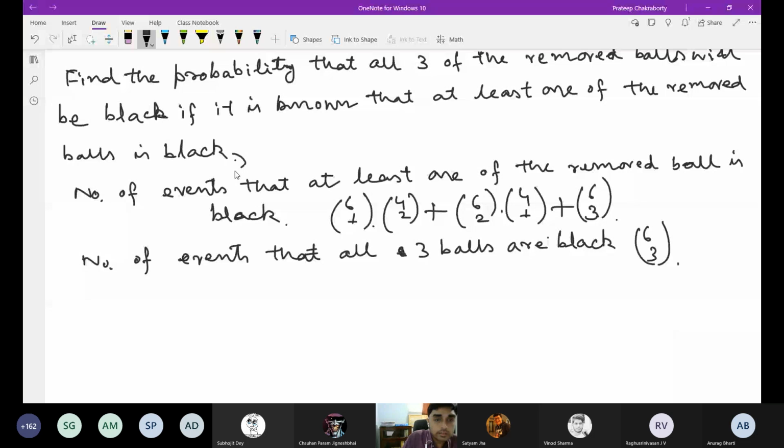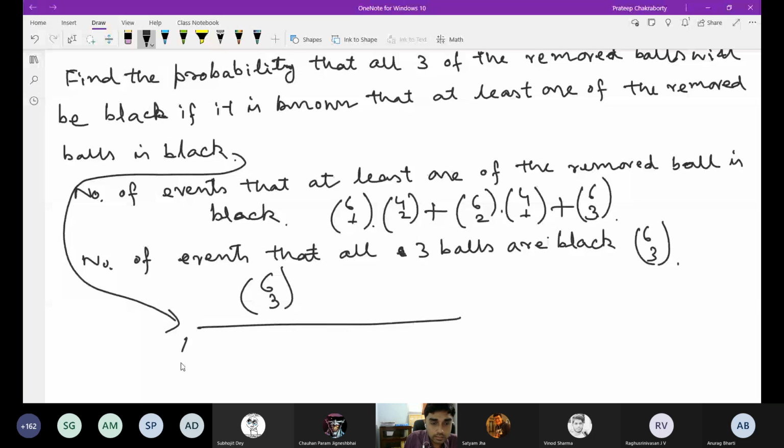So this is something that we are going to define now. This probability will be 6 choose 3 by 6 choose 1 into 4 choose 2 and so on. The numerator is the number of events that all are black balls, and the denominator is the number of events that at least one ball is black.